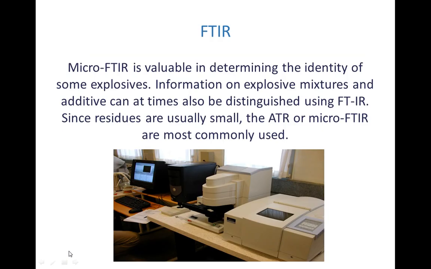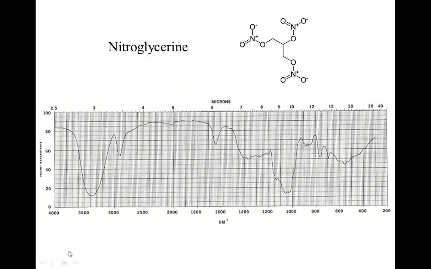An FTIR can also give very valuable information about the explosive that might be present. It can take very small amounts because there are FTIRs that have microscopic attachments to them. And you can see from this the data that is actually obtained is very different for your various explosives.